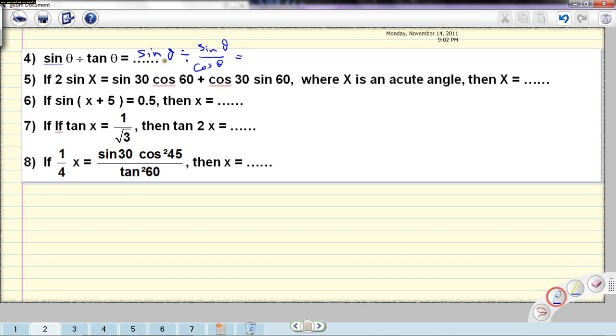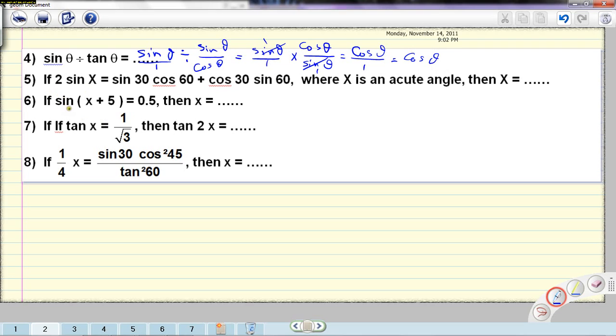And you studied in 4th primary that for the operation divide, we change it to multiply and switch the second fraction upside down. So it will be sine theta over 1 multiplied by cosine theta over sine theta. And we can simplify these two sine theta. So here will be 1 and here will be 1. So 1 times cosine theta is cosine theta over 1. The answer is cosine theta.